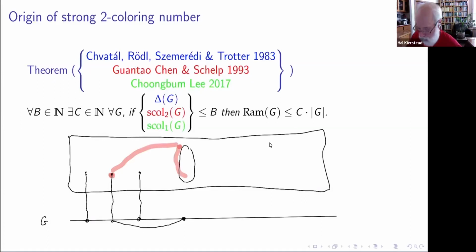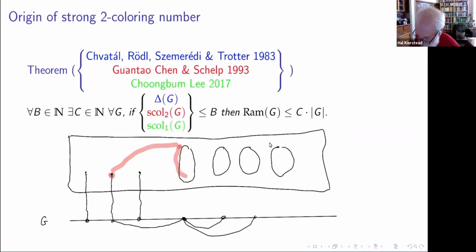By the properties of regularity, we know that all these possible vertices work. But there's a danger when we pick one: we may harm one of these other sets that is waiting to be used, because this guy could be adjacent to this one, and this one, and this one.